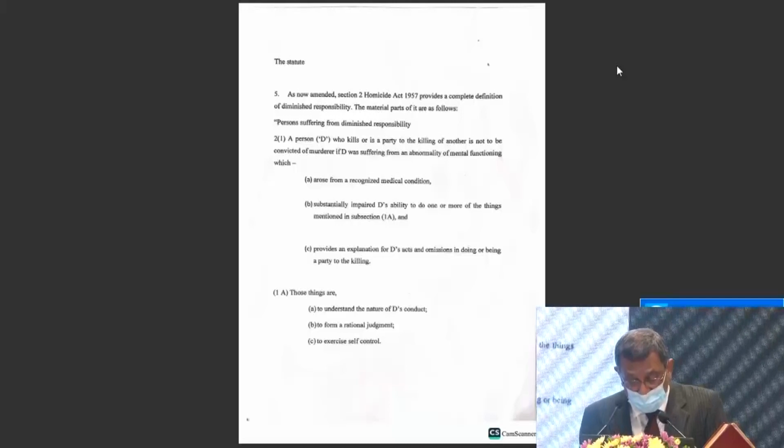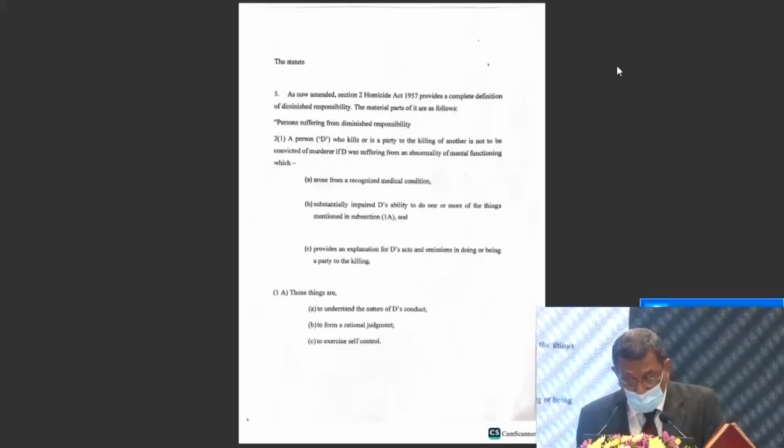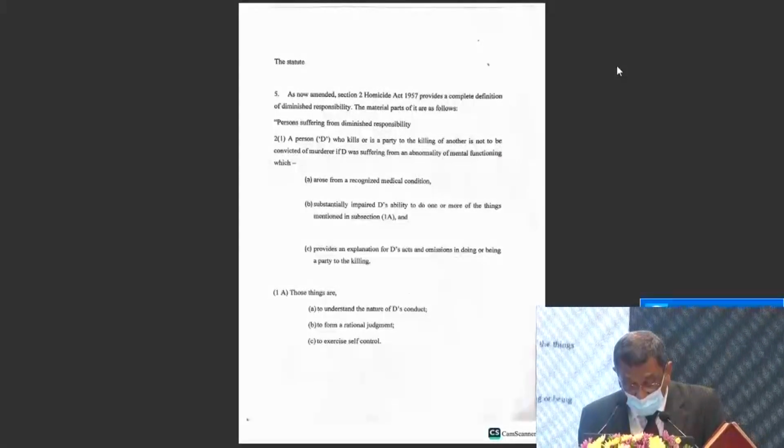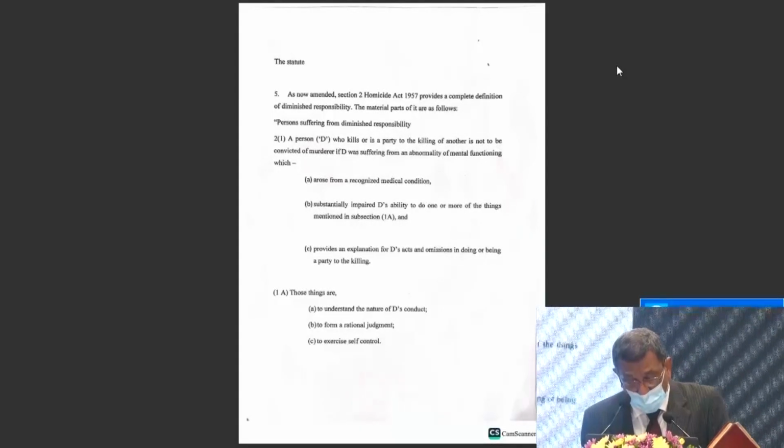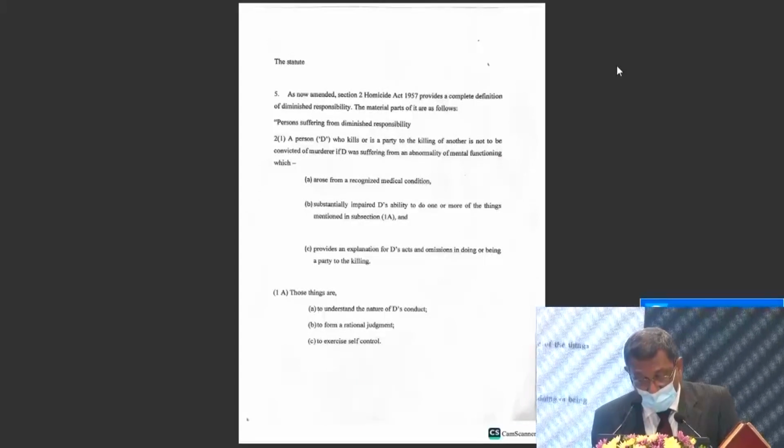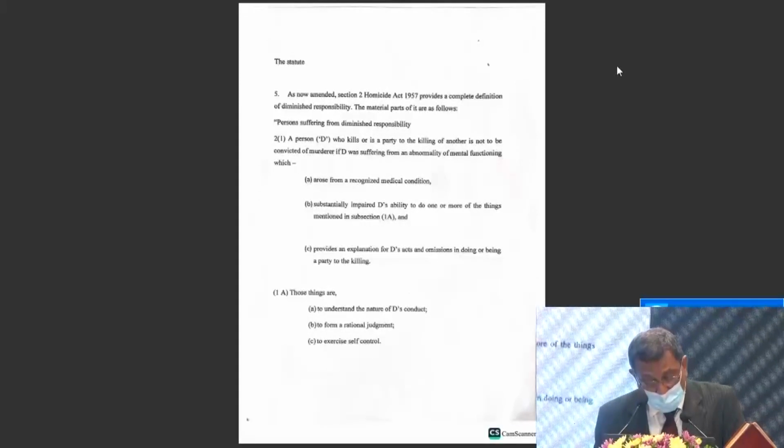Then 1B: for the purposes of subsection 1(c), an abnormality of mental functioning provides an explanation for D's conduct if it causes or is a significant contributory factor in causing D to carry out that conduct. And 2: on a charge of murder, it shall be for the defense to prove that the person charged is by virtue of this section not liable to be convicted of murder.